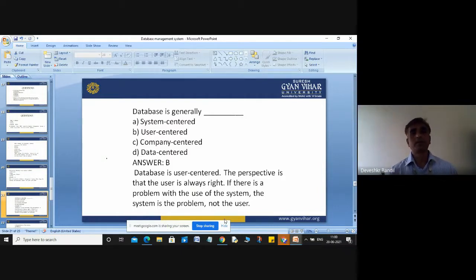The perspective is that the user is always right. If there is a problem with the use of the system, the system is the problem, not the user. So normally a database is generally user centered, not system centered, not company centered, not data centered.